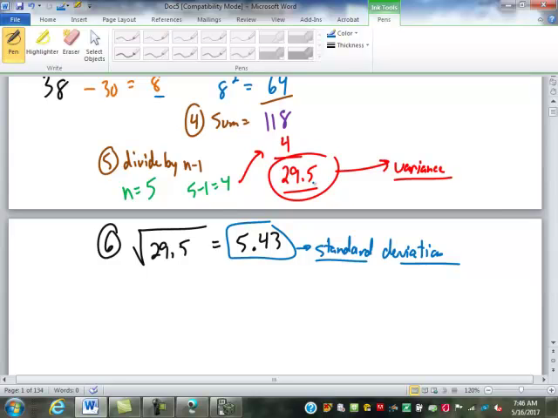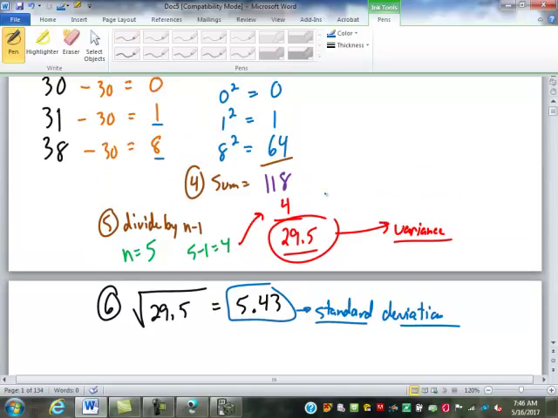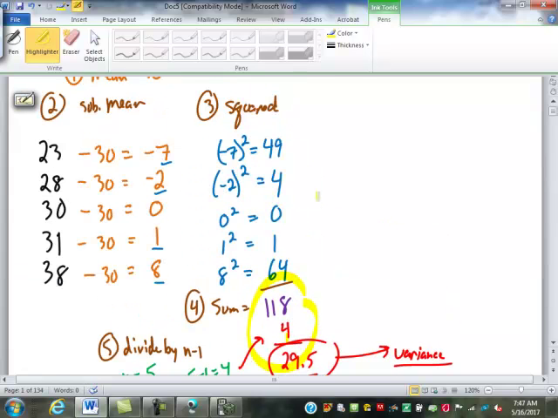The old term for standard deviation is the RMS deviation, the root of the mean of the squared deviations. If you actually follow through, you can see it. It is the root of the mean, you add them up and divide, of the squared deviations.